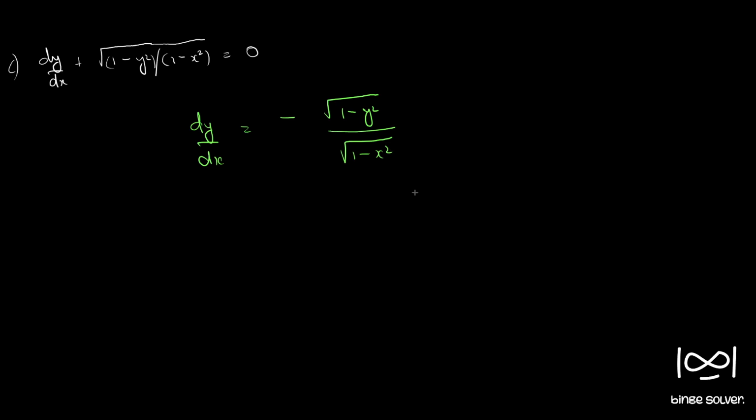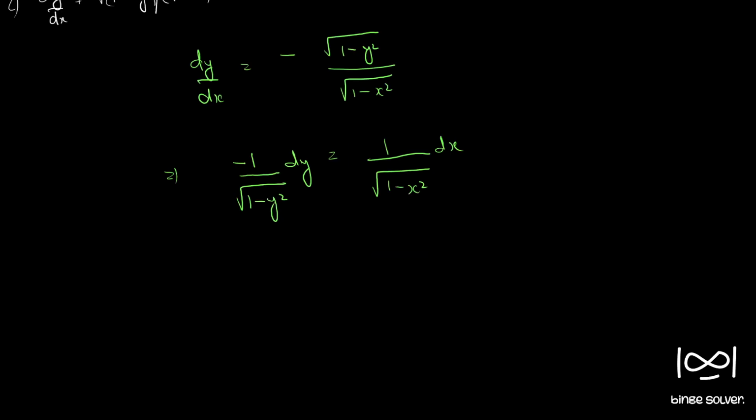So proceeding like before, we get minus 1 by root of 1 minus y square dy equal to 1 by root of 1 minus x square dx.